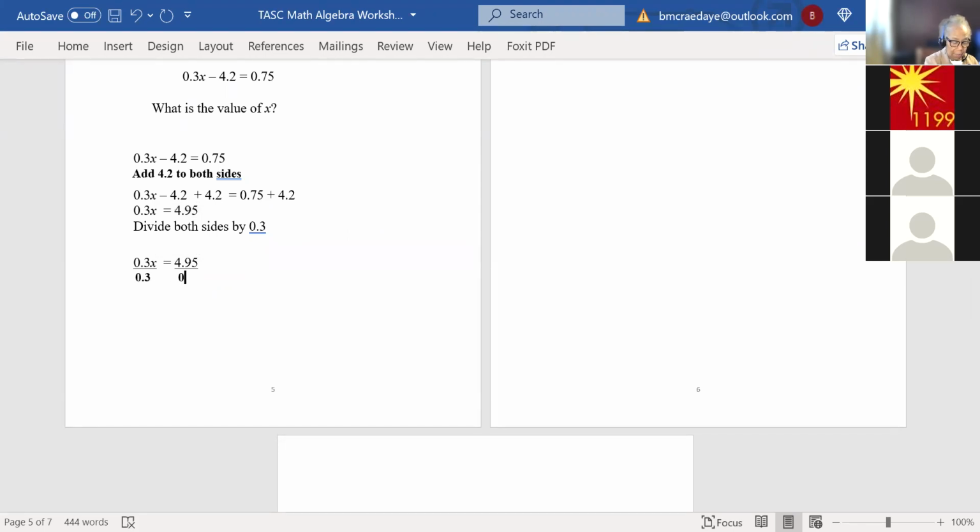So what do you get on the left side, Maureen? 0.3x divided by 0.3. What did you get? X. No, 0.3 divided by 0.3 is 1. One. So 1x, yes, and what Vanessa is saying, 1x is just x. Right.